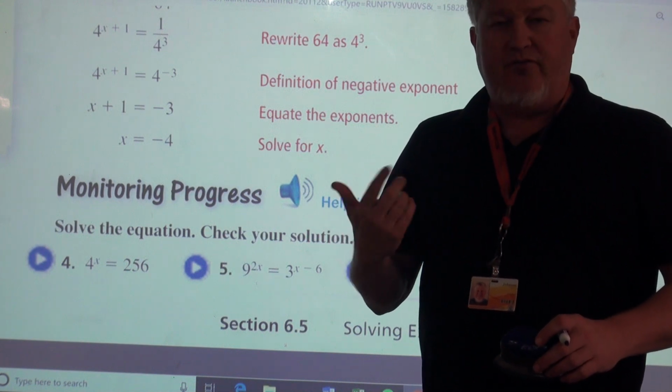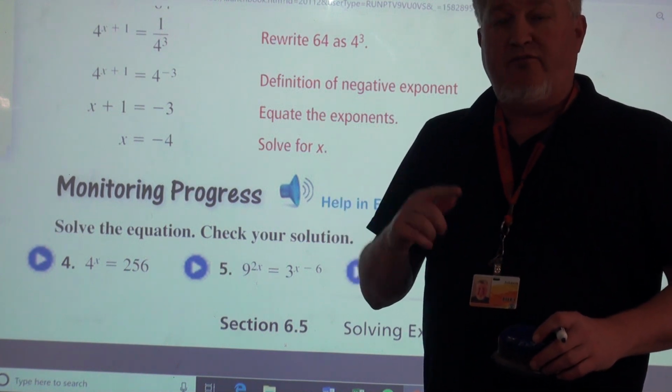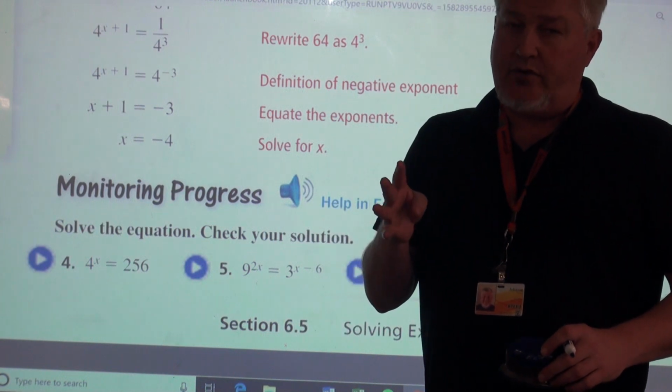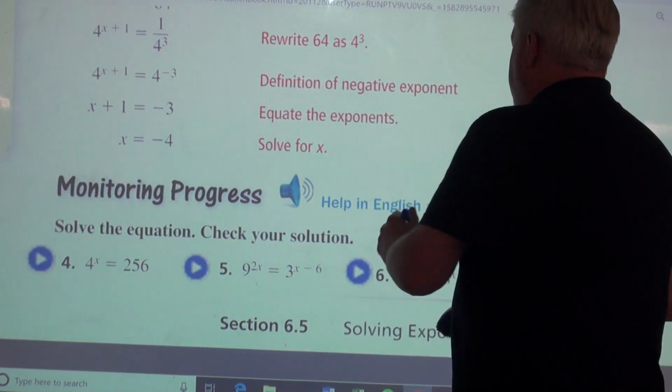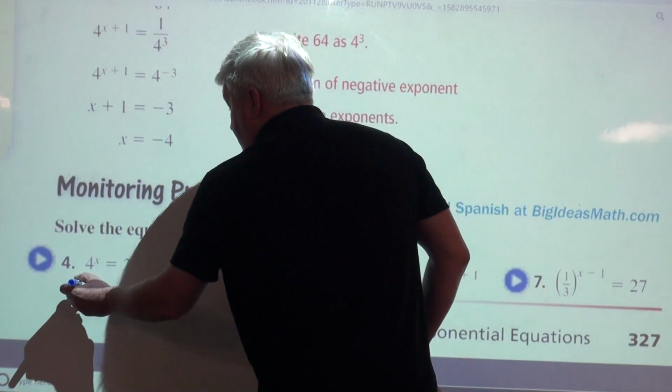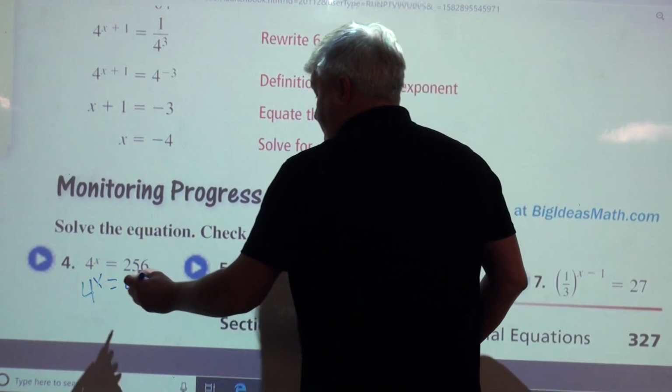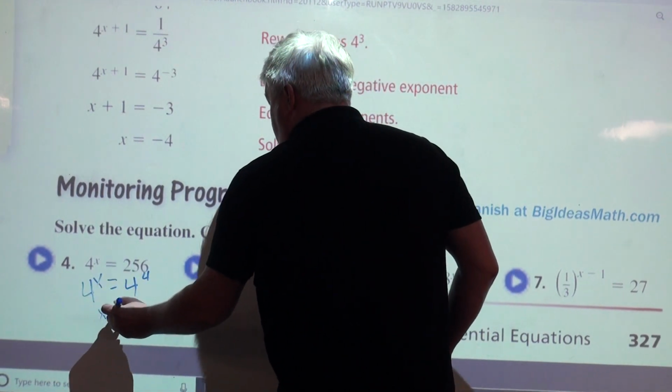I think 4 to the 4th is 256, so just one more, 4 times 4 times 4 times 4. Okay, so 4 to the x equals 4 to the 4th. Then get rid of the bases, x equals 4.